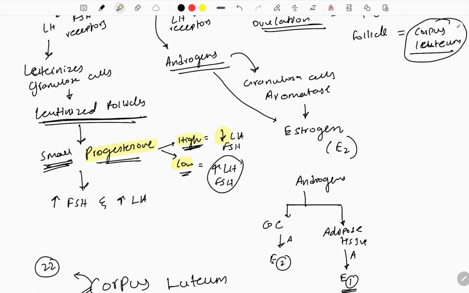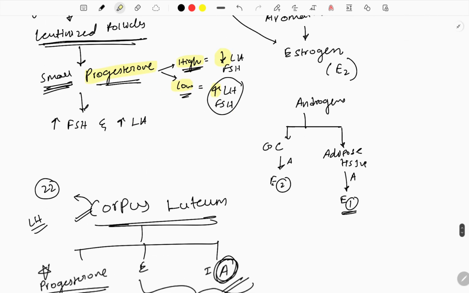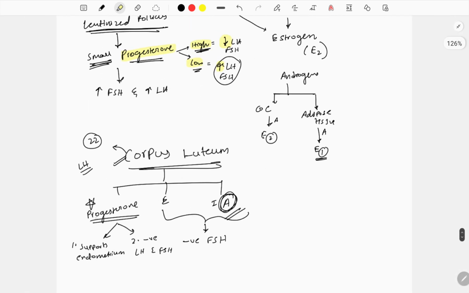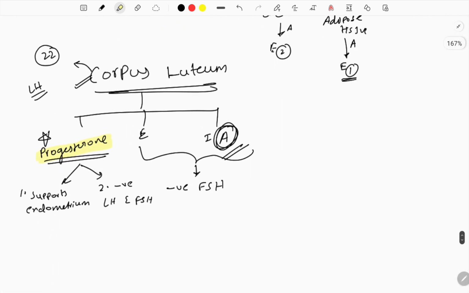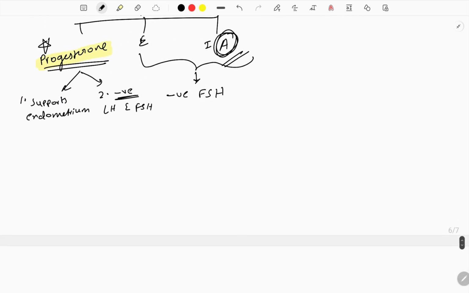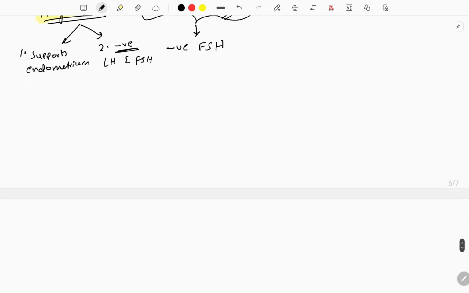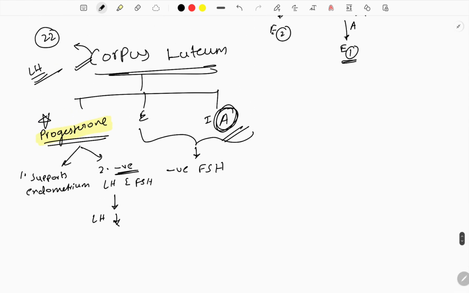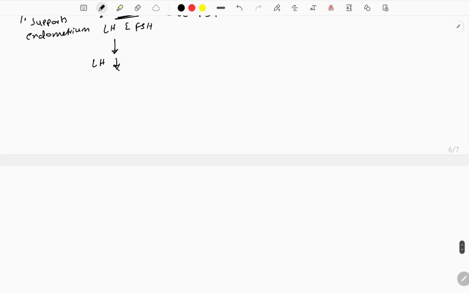If it is low, it increases LH and FSH. Here the corpus luteum produces mainly progesterone. So if progesterone levels are high, obviously it has a negative impact on LH and FSH. So now LH decreases, which means the main support of the corpus luteum, which is LH, is lost.